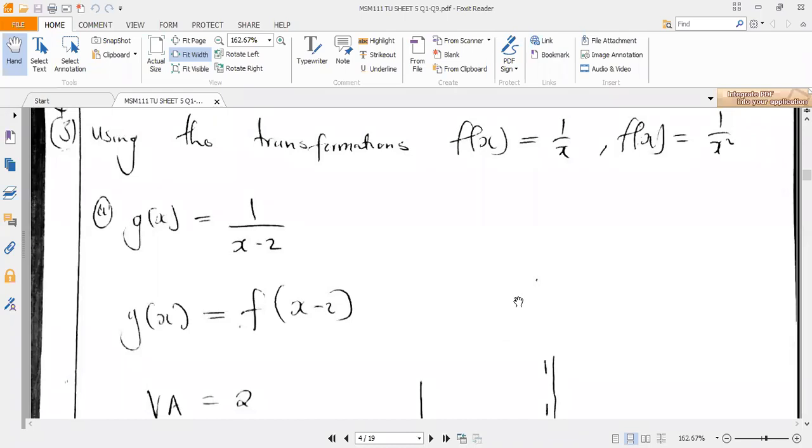So when you are dealing with vertical asymptotes, you deal with the denominator, and for horizontal, you deal with the numerator and the denominator. We have to look at the pattern, so you have to concentrate on the powers.